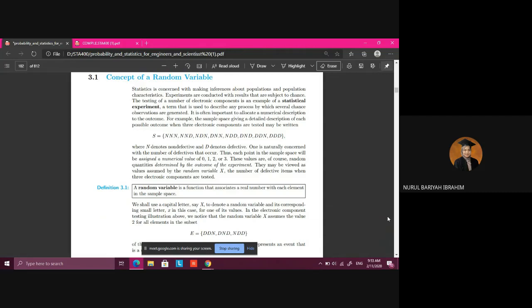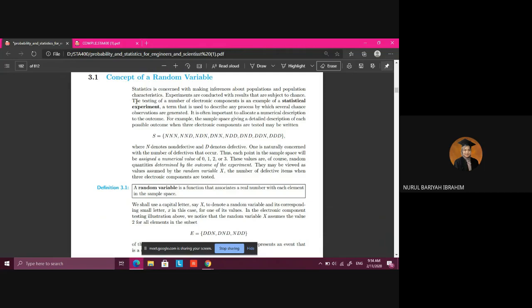Okay, so what is a random variable? Let's read a little at the top. Statistics is concerned with making inferences about the population, and experiments are conducted with results that are subject to chance, subject to probability. The testing of a number of electronic components is an example of a statistical experiment.